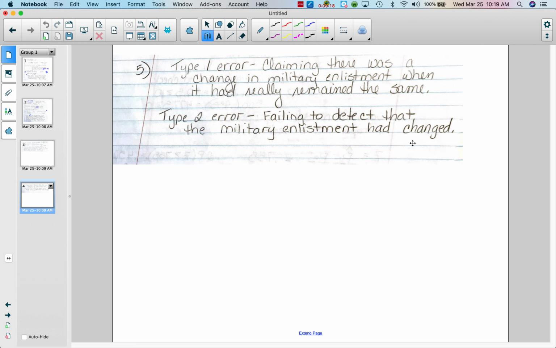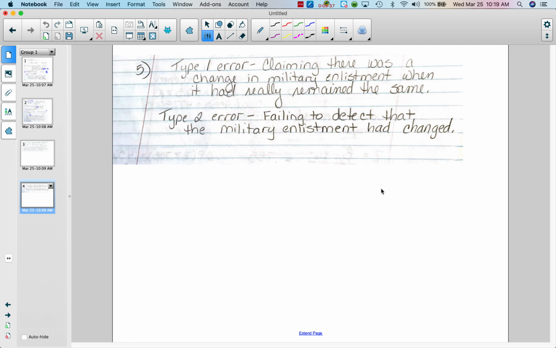I'm just being careful not to accept the null hypothesis in my statement of that. So, failing to detect that the military enlistment has changed. Most of you did okay on the type 1 and type 2 errors. That hopefully helps clear up a little bit.